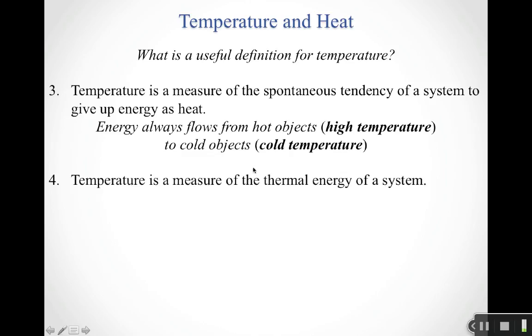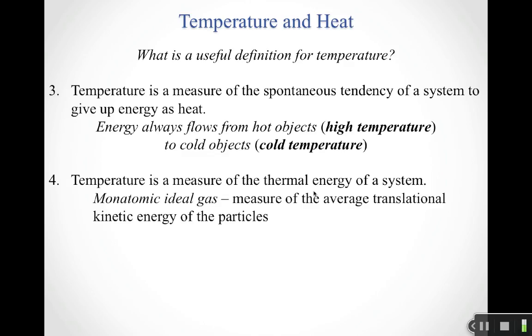And then the last one, and this fundamentally will end up being the way that we calculate things out, is that temperature is a measure of what's known as the thermal energy of a system. And the thermal energy of a system is usually some mix of the kinetic and potential energies of the particles that make up the system. So a couple of systems that we could talk about: a monatomic ideal gas.